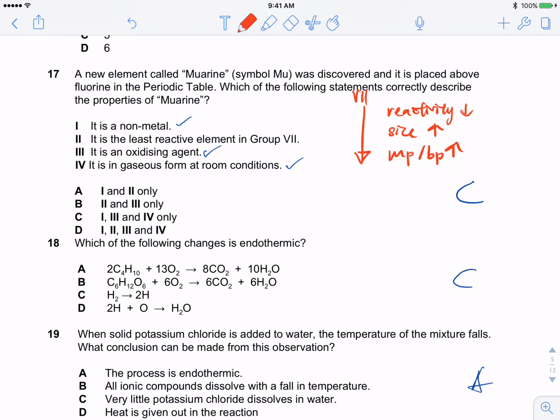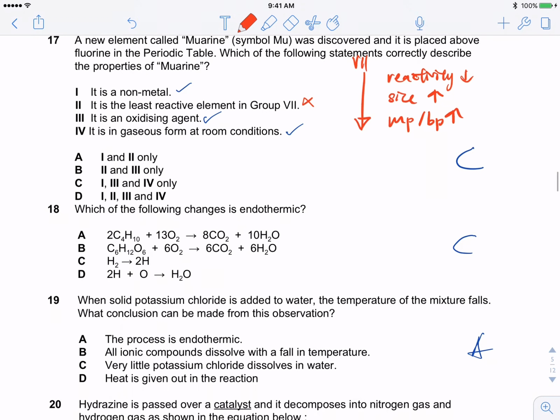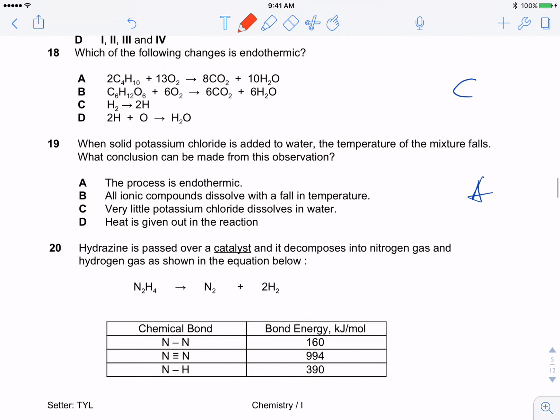It's an oxidizing agent. Yes, because all group 7 elements are oxidizing agents. Part 4 is a gaseous form at room conditions. Yes, that's true, because down the group, melting and boiling point increase. So the higher you are, the lower your melting and boiling point, which means it's likely that you are in gaseous form. Answer will be C. It's not the least reactive because reactivity decreases down the group, which makes it the most reactive element in group 7 actually.